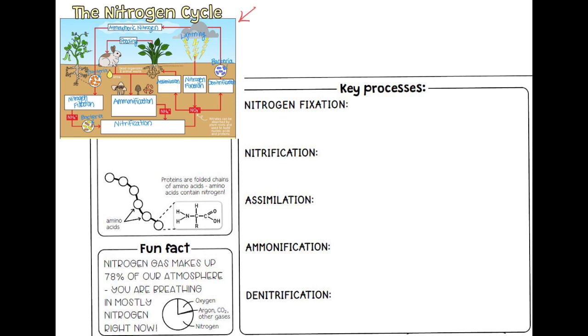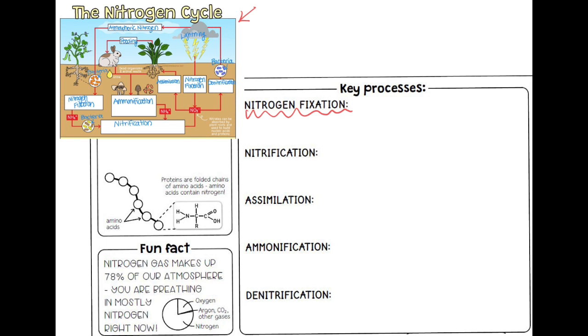Our key processes in the nitrogen cycle include nitrogen fixation. So nitrogen fixation basically means we need to fix that nitrogen from the atmosphere. We need to make it into something that we can actually use.